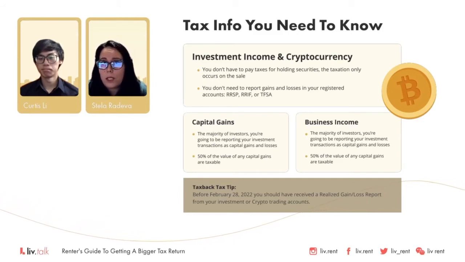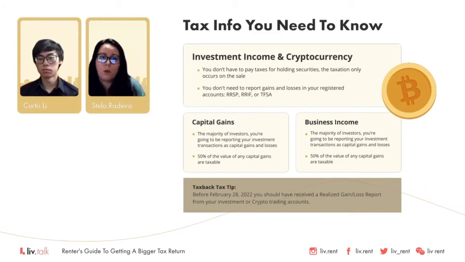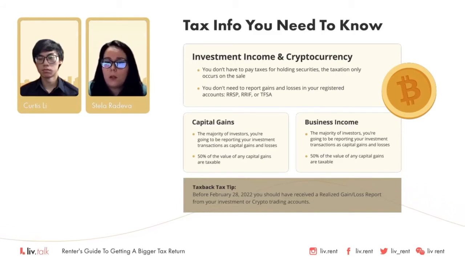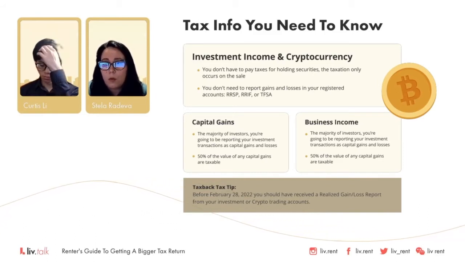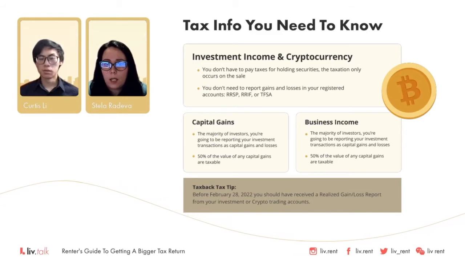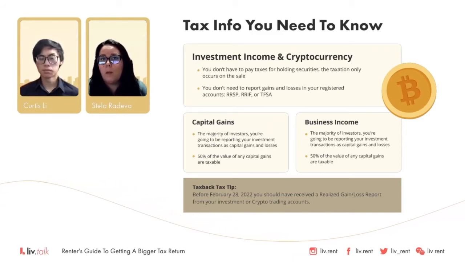So in 2021, Alice sold $5,000 worth of crypto from her initial $3,000 investment. So she made a profit of $2,000. And since her activities are consistent with day trading, which is considered business, this would have to be reported as business income, which means that the entire amount would be taxable.